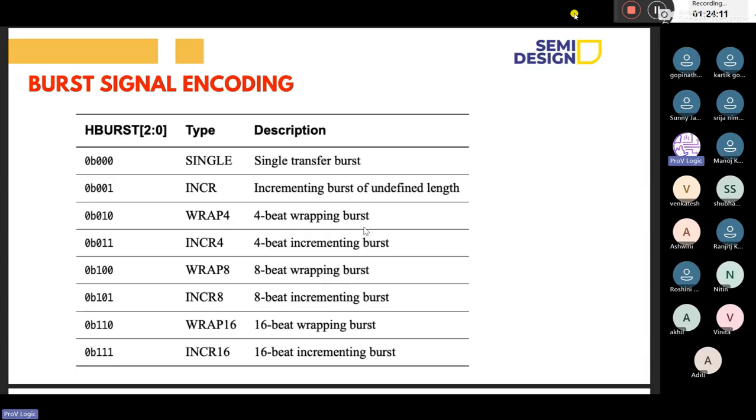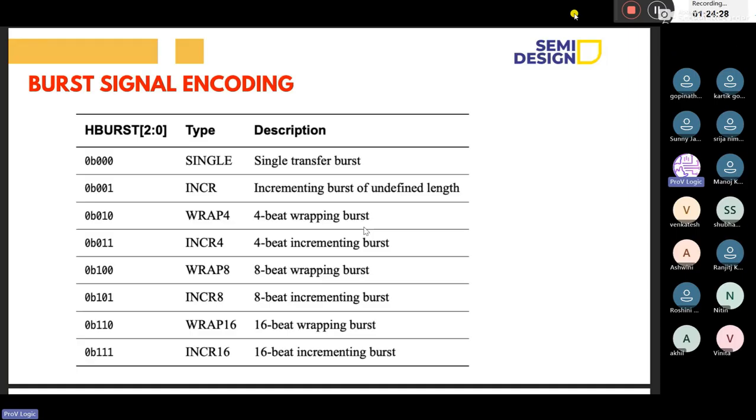That means it reads 4 words, 8 words, 16 words, like that. Coming to wrap: wrap 4, wrap 8, wrap 16. Same as increment, but the address wraps around the boundaries, just keeps on rounding. It is useful mostly in cache memories, where we use wrap only. So that is the difference.